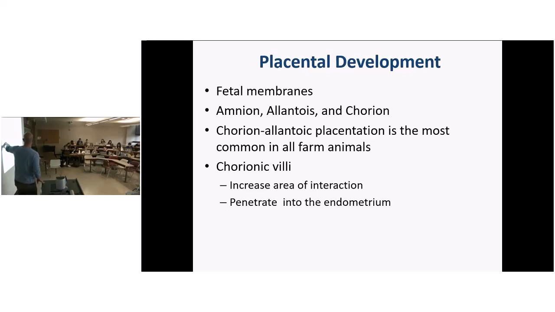And this chorionic villi is at the part where the caruncle is; the chorion will start to make little cellular changes. And these villi help the invasion of cells from the baby towards the endometrium to happen.